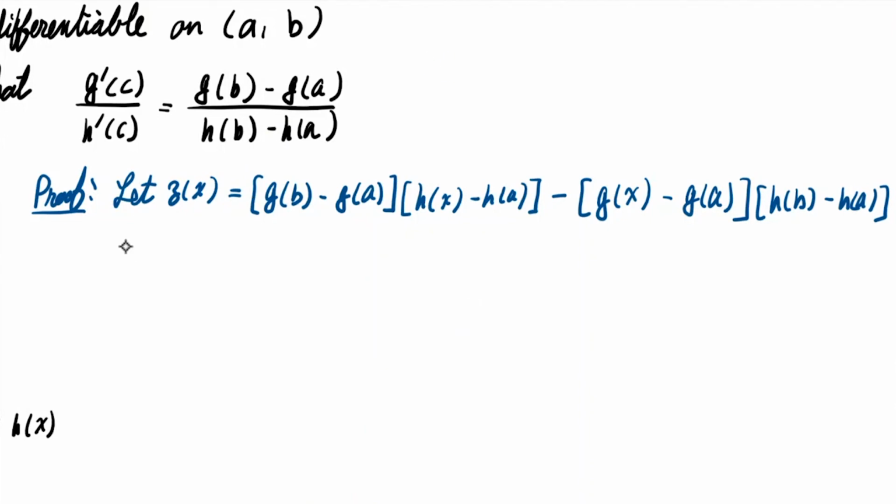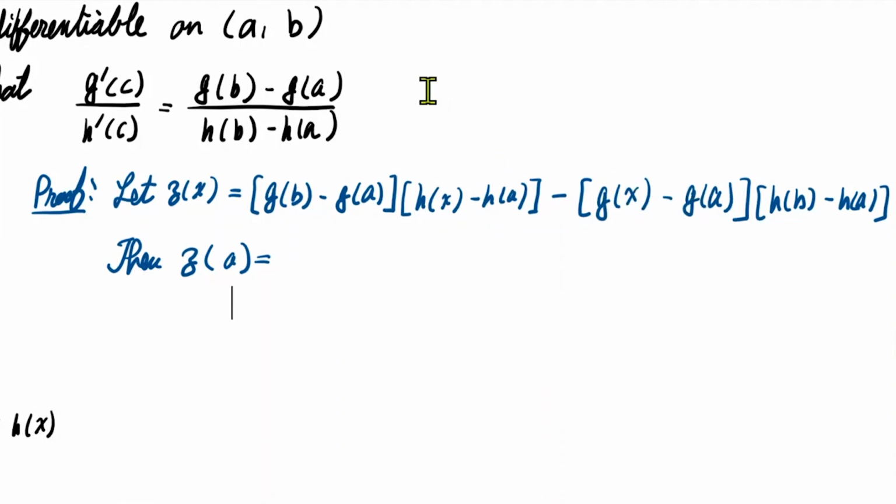Here's the motivation. Then z of a. What is z of a? If I plug in a here, that's h of a minus h of a, so this term is 0. If I put a here, then g of a minus g of a, that whole thing is 0.